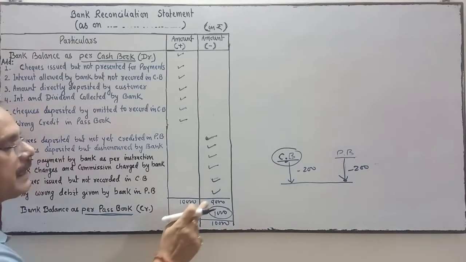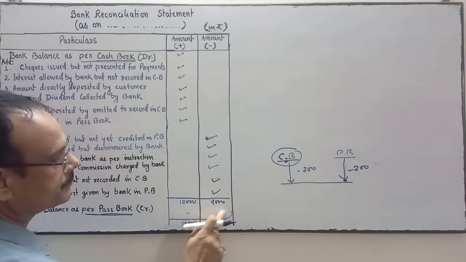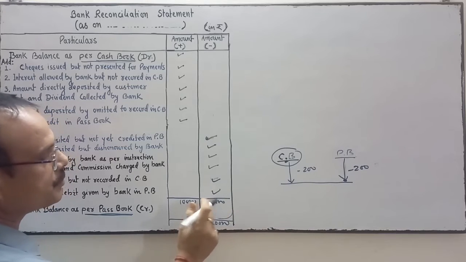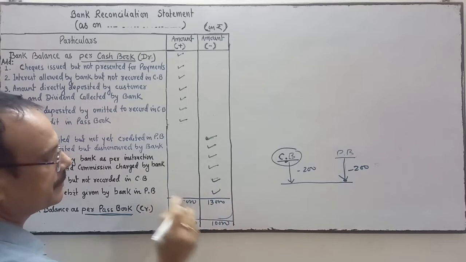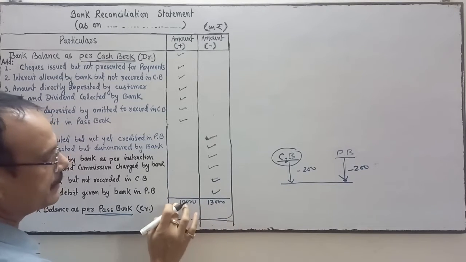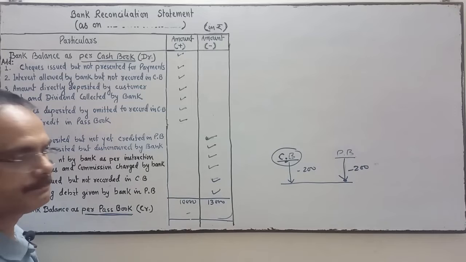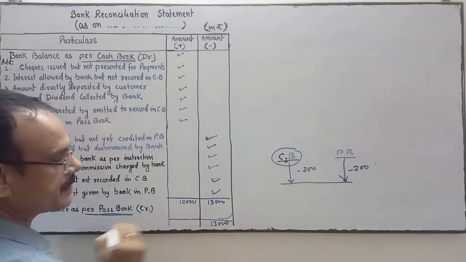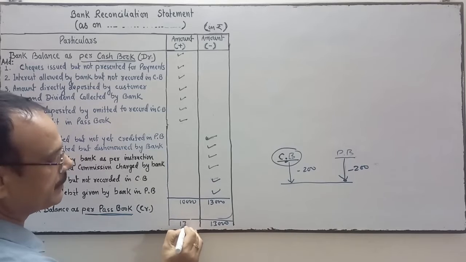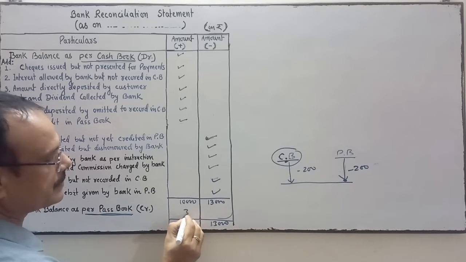Vice versa, suppose this side total is more, say 13,000, and this side total is 10,000. So you write the difference on this side. Write 13,000 over here, with a 3,000 difference.